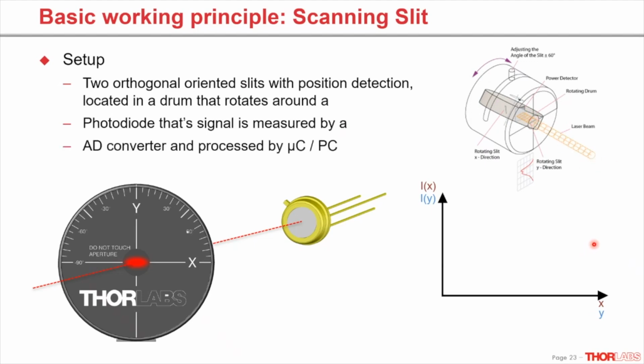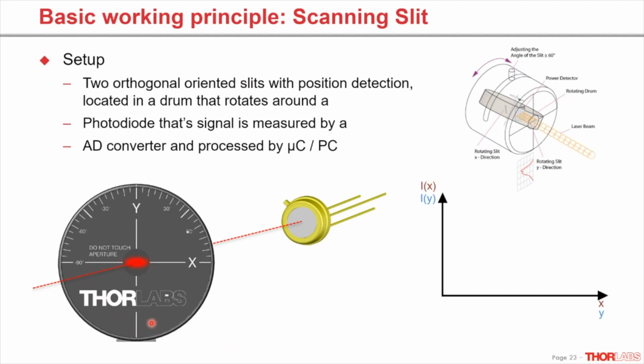The processed and integrated signal of the photodiode in relation to the drum, and therefore the slit position, is used to measure the beam intensity profile and calculate the 1 over e squared beam diameter. With this method, both X and Y profiles can be acquired simultaneously with each revolution of the drum.